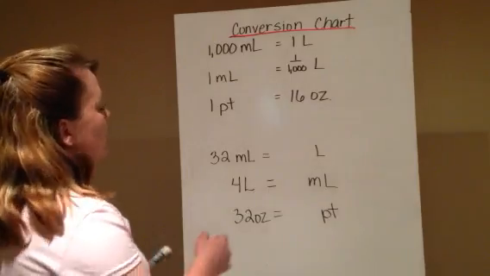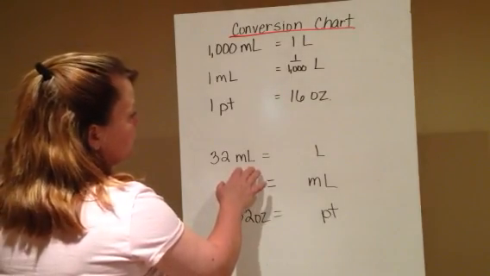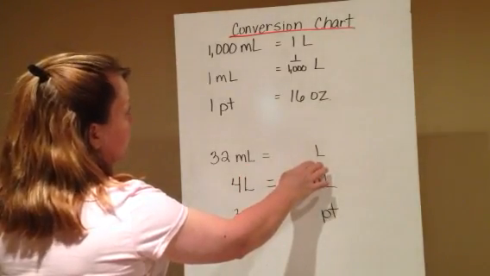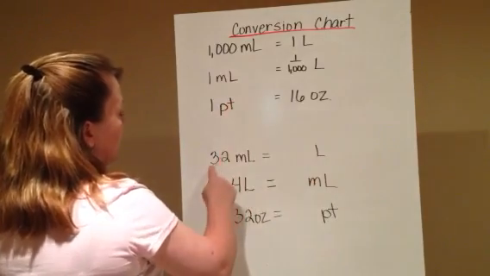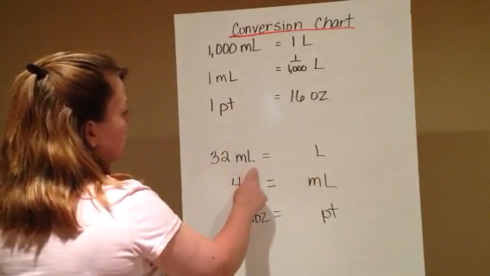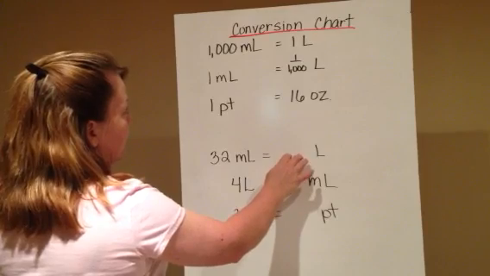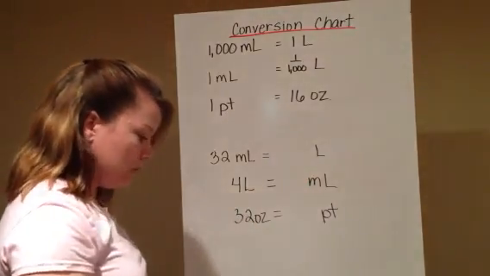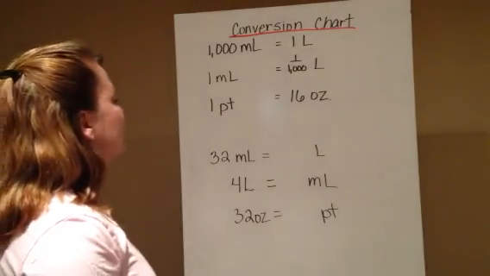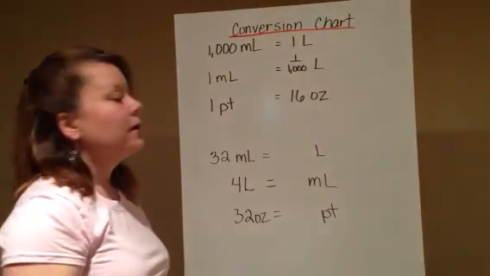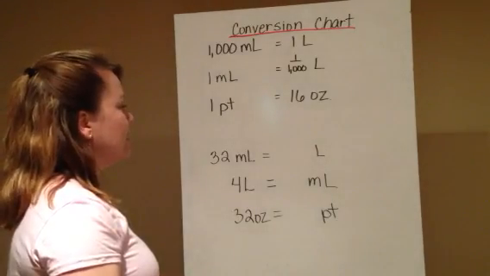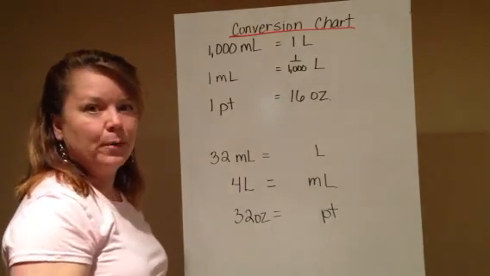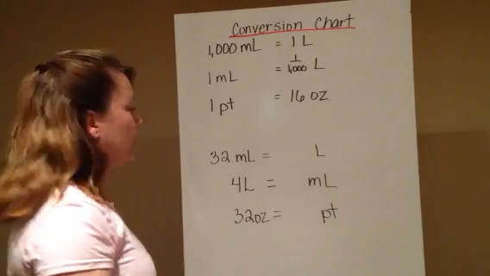So if we think about milliliters to liters, okay, if I have 32 milliliters and I'm trying to figure out liters, am I going to multiply or divide? And I actually have to divide this problem by 1,000, okay?